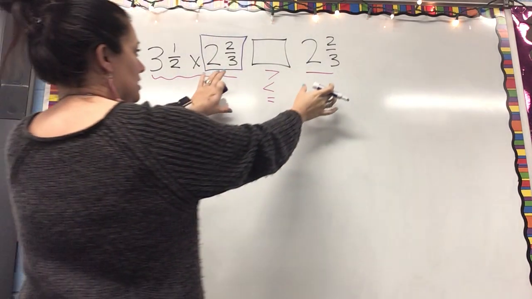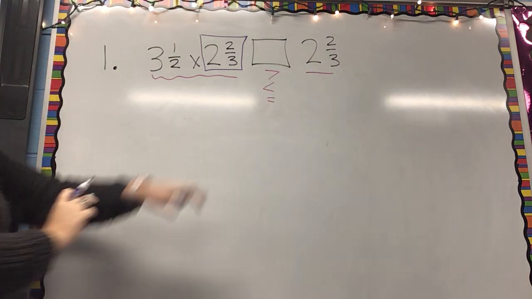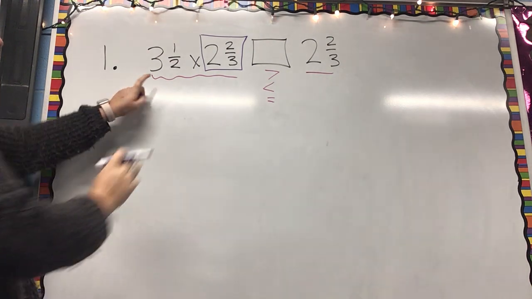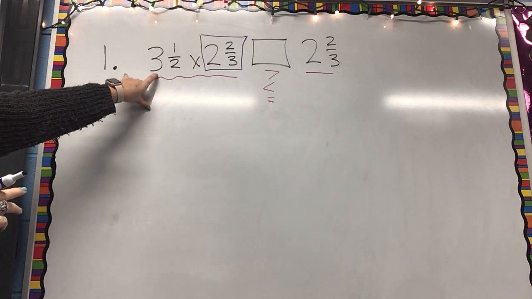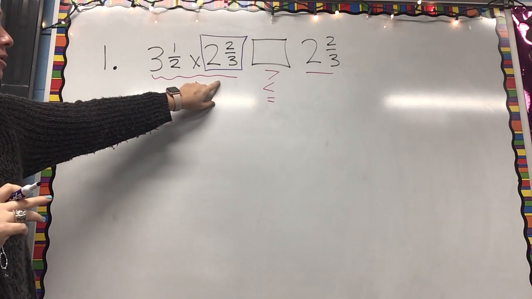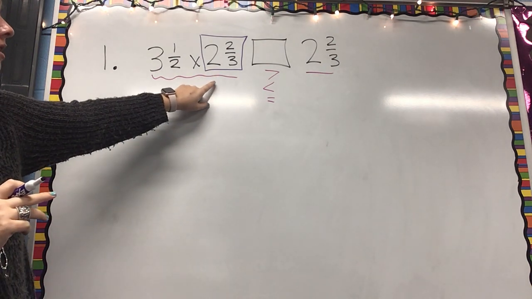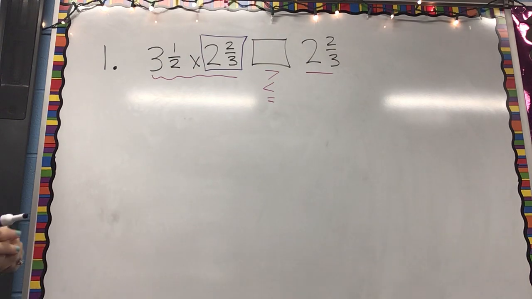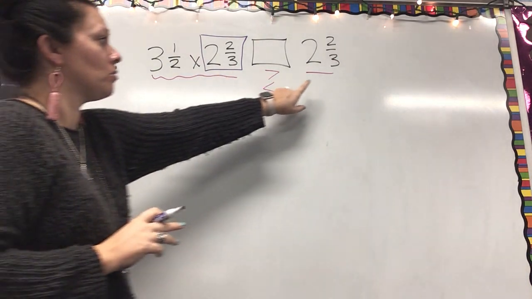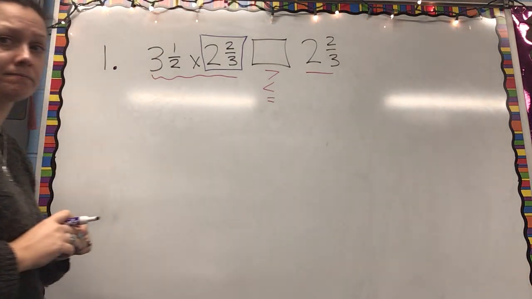If I was looking at just those two mixed numbers, they would be equal, right? Yes. But this mixed number, I'm multiplying it by 3 1/2. Is that number 2 2/3 going to get bigger or smaller when I multiply it by 3 1/2? Bigger. If it gets any bigger at all, what's it going to be compared to this number?